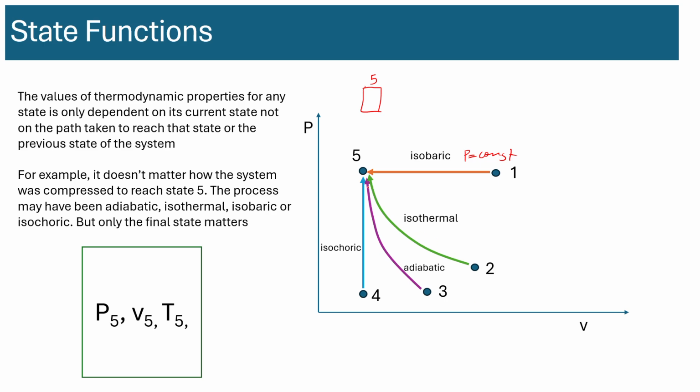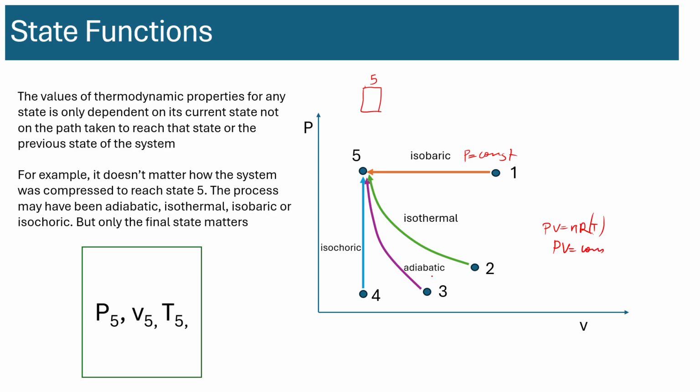By the way, this is a pressure volume diagram. Isothermal lines will be like this, and you can use PV equal to nRT to figure out the curve of this line. Isothermal means T is constant, so PV equal to constant. Then you'll get a curve like this.